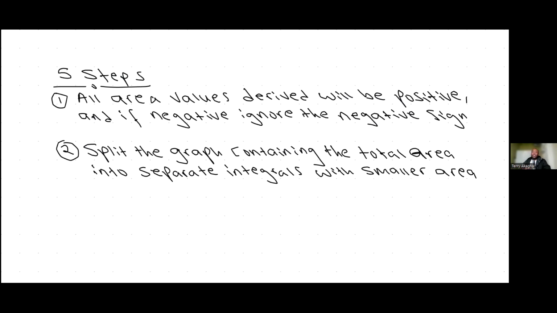So the first thing you do, you split the graph containing the total area into separate integrals with smaller areas. Then when you're done with that, you rewrite each smaller area as a function with the appropriate upper and lower limits. So don't worry, I'm going to solve a question on this.